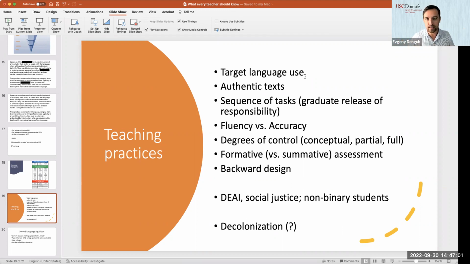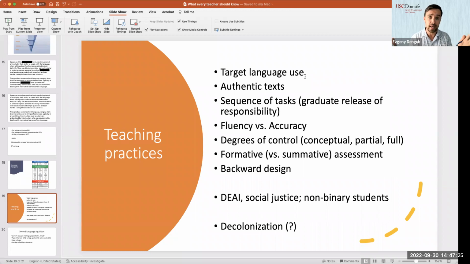So basically, every language structure, every language element goes through this. Students go through stages of control, degrees of control: conceptual, partial, full. They start with the conceptual, understanding what it is, and then try to use it in speech, maybe making lots of mistakes.